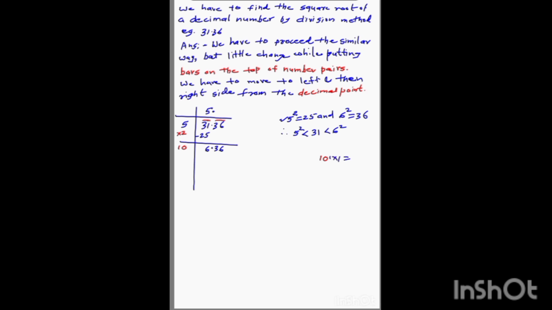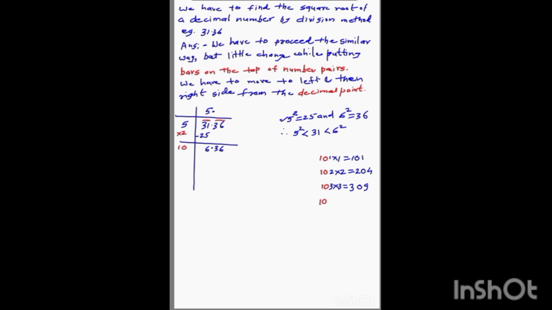Remember how we do the division method. 101 into 1, 102 into 2, that is 10 will remain as it is, 2 into 2, that should be 204. 103 into 3, this method is very easy to understand. 103 into 3 is 309.